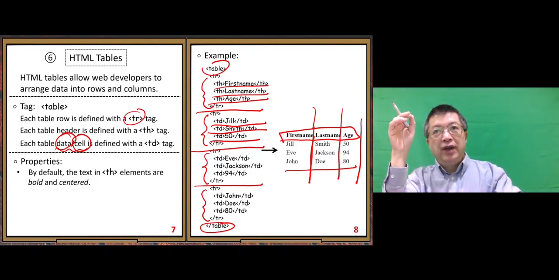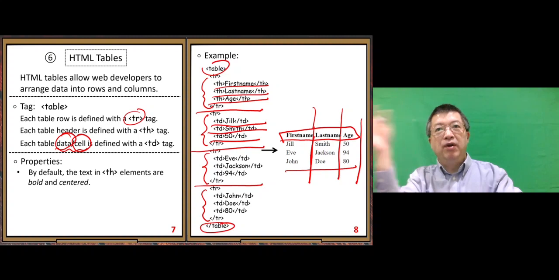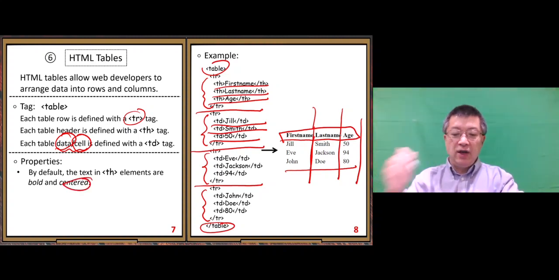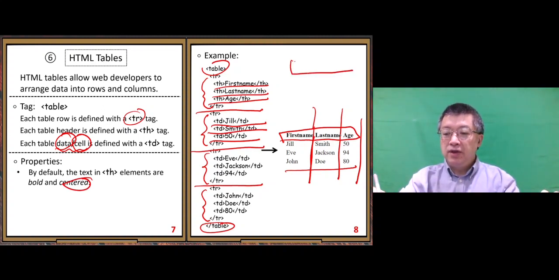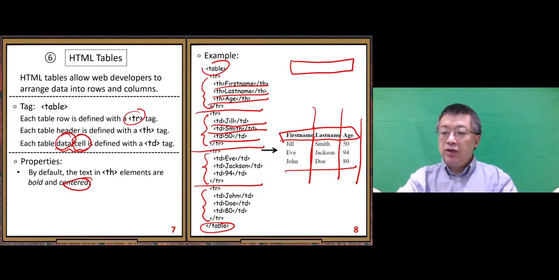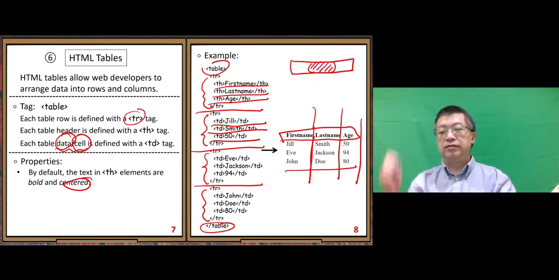Properties. By default, the text in TH is boldface and centered. So here, what's the centered? Because one cell, sometimes you can have more space, but your word does not use all the space. So then your word is placed at the center part, centered.